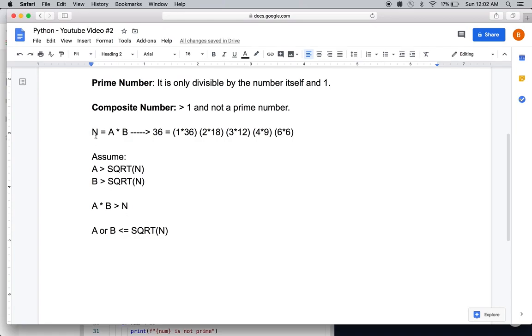But we started with taking n and writing it in this form, so this cannot be correct. So at least one of these numbers is less than or equal to the square root of n. That's what this proves.